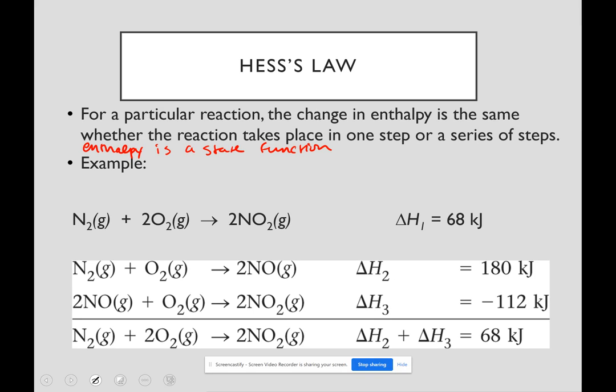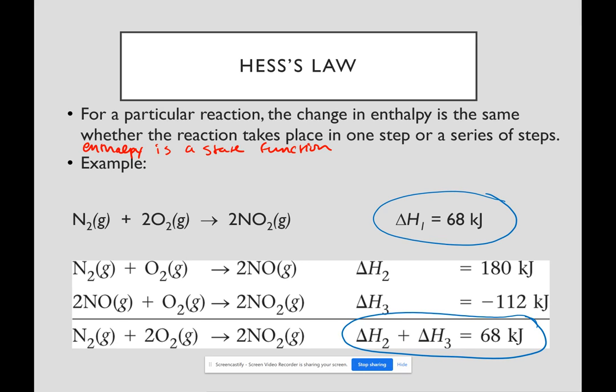If that reaction occurred in 2 steps, where nitrogen and oxygen bonded to form 2 nitrogen monoxide, and then the nitrogen monoxide bonded with another oxygen to form nitrogen dioxide, the total enthalpy change is still the same. Reaction 1 absorbs 180 kilojoules of energy. Reaction 2 releases 112 kilojoules of energy, but overall, your net change is the same, regardless of if it took place in one step or a series of steps.